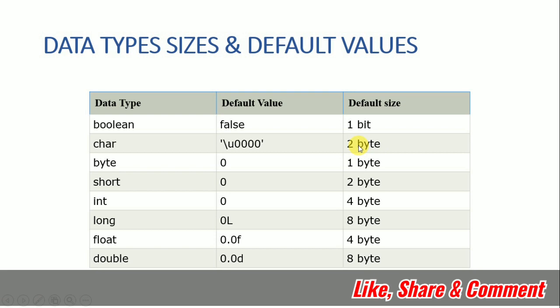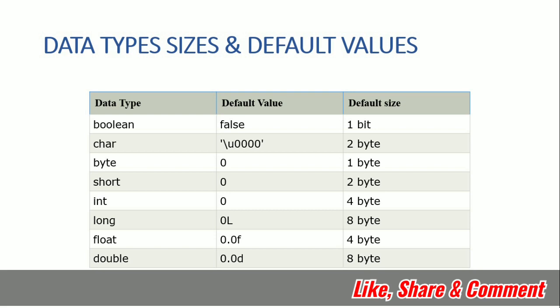If we are declaring one character, it takes 2 bytes, that is 16 bits, because 1 byte equals 8 bits. Boolean takes 1 bit in memory. Double takes 8 bytes, float 4 bytes, long 8 bytes. So this is the size of the data types.